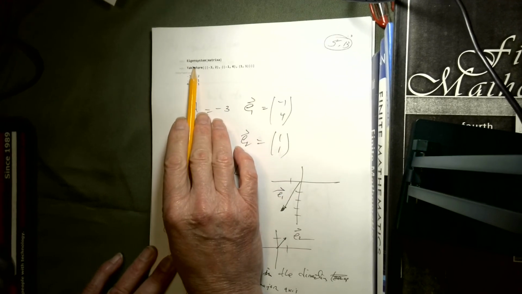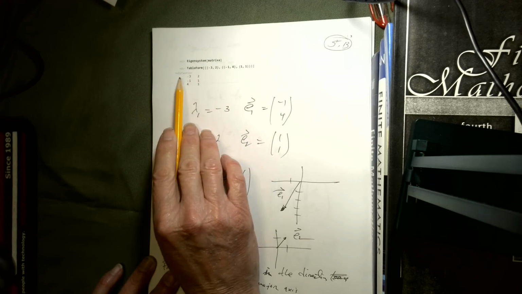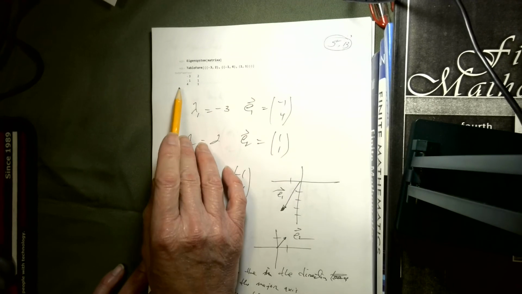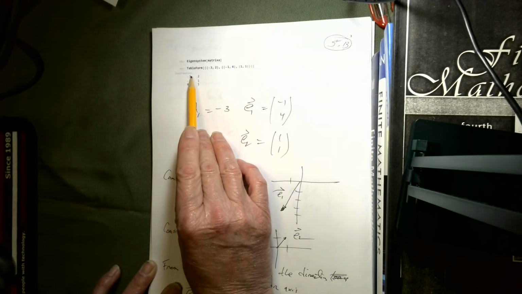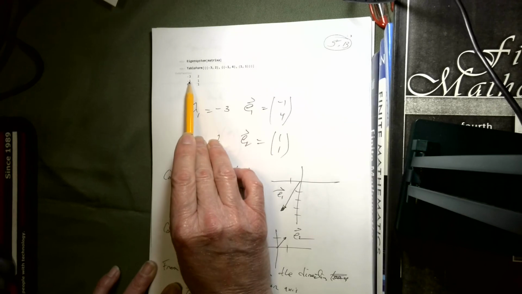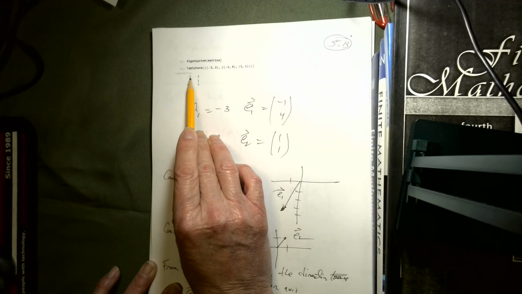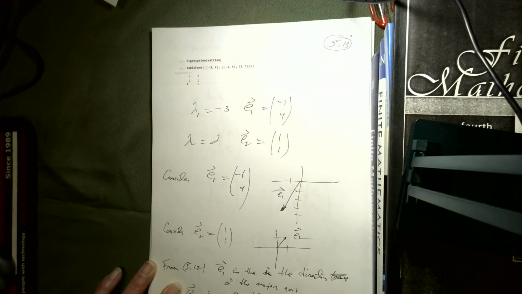If we take the eigensystem, which is a built-in Mathematica command, it's easier to look at if you put it in table form. Mathematica has calculated two eigenvalues, -3 and 2. This is the eigenvector -1, 4 associated with this eigenvalue, and 1, 1 is associated with this one.